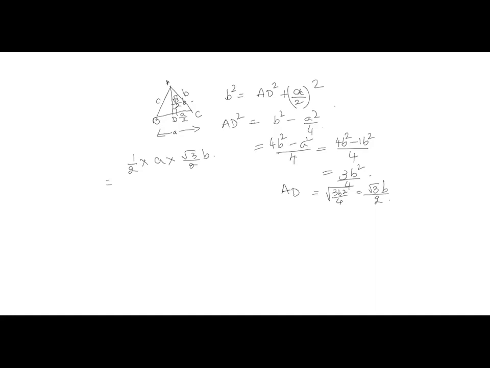So a into a will be what? a squared. So this is root 3 a squared by 4. Okay? Yes, ma'am. This is the formula for area of an equilateral triangle: root 3 a squared by 4.